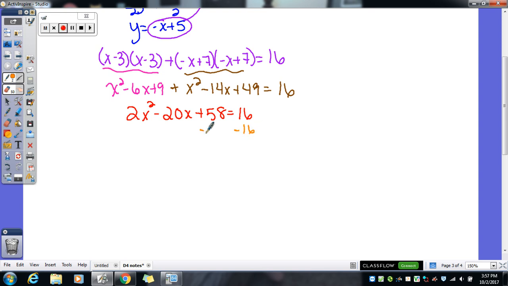So subtract the 16. 2x squared minus 20x plus 46 equals 0. Remember, we always want the 0 with our quadratic so we can try to factor, in which this has a GCF of 2 first.